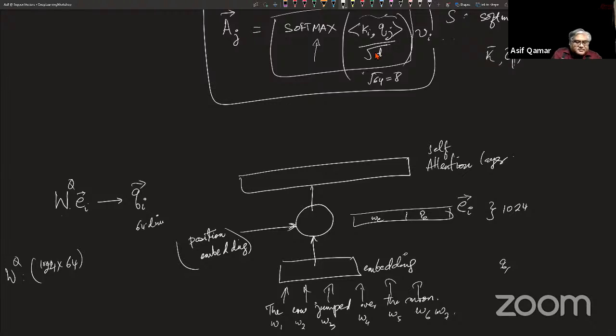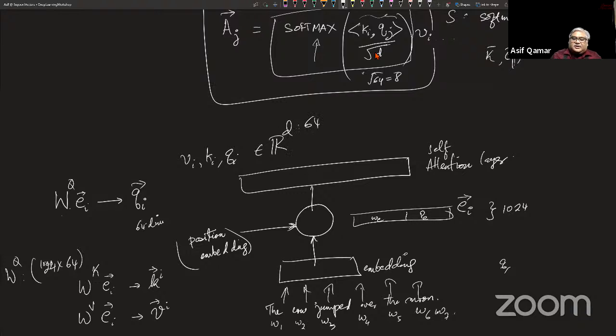Then you train another matrix K such that when it is multiplied with E_i, it produces the K_i vector. And likewise, by now you get the drift, another matrix such that it produces the V_i vector, right? And of course V_i, K_i, Q_i all belong to a d-dimensional vector space. Typically 64 was the original idea. So you end up with these vectors.